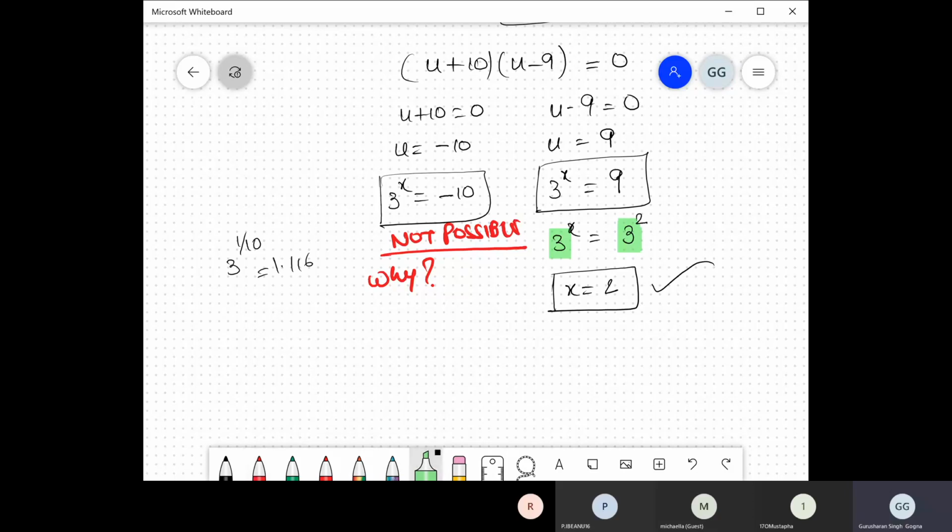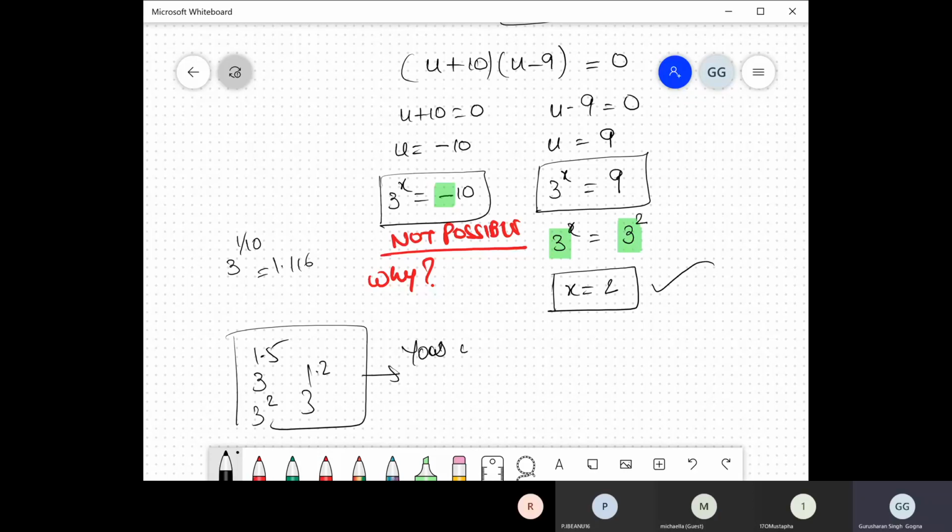The problem is not 10 here. The problem is this negative answer. You cannot do 3 to the power anything. Try any number, doesn't matter, 1.5 or 3 to the power 2 or 3 to the power 1 or 1.2. You will never get a negative answer, isn't it?